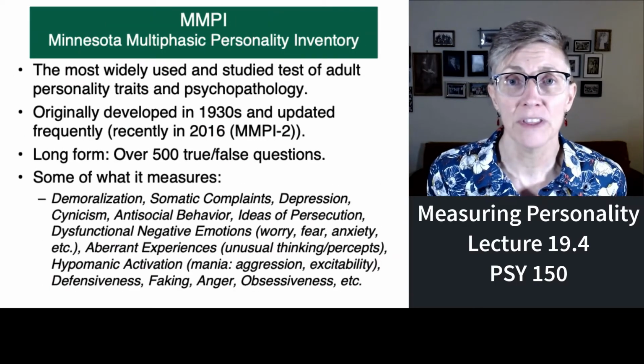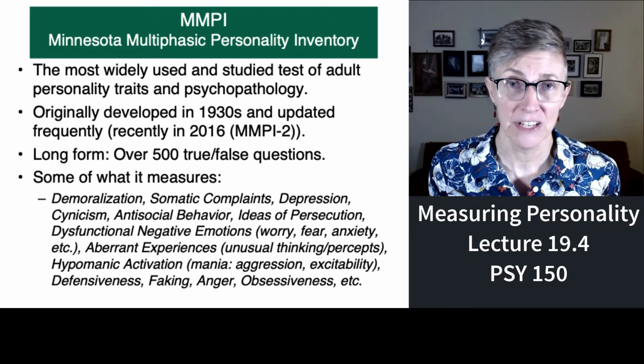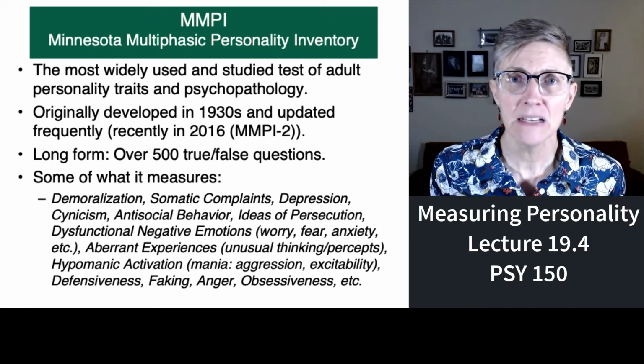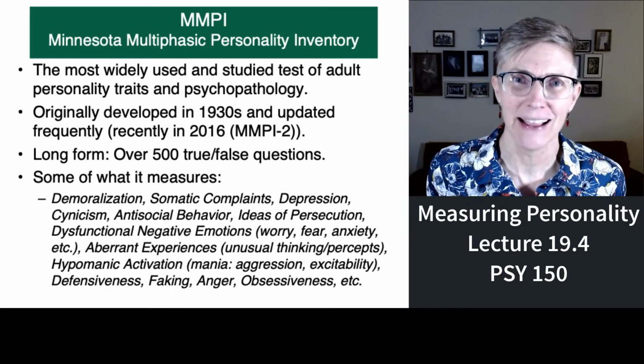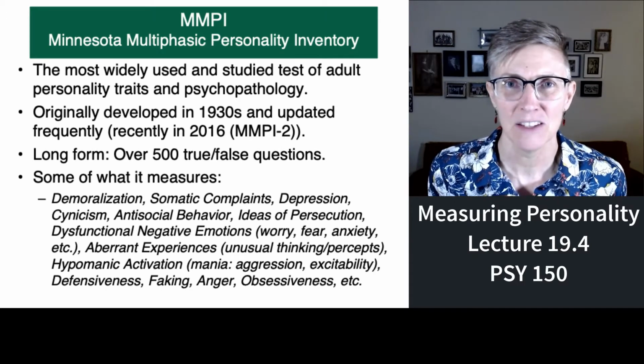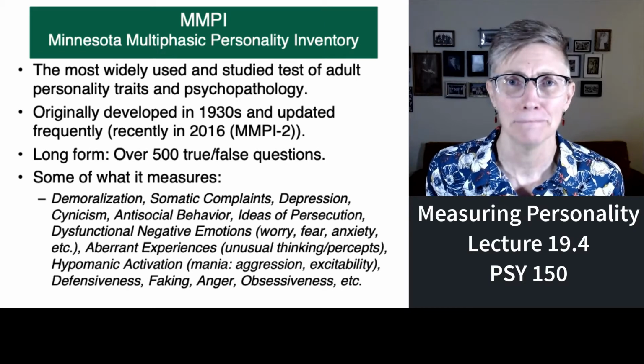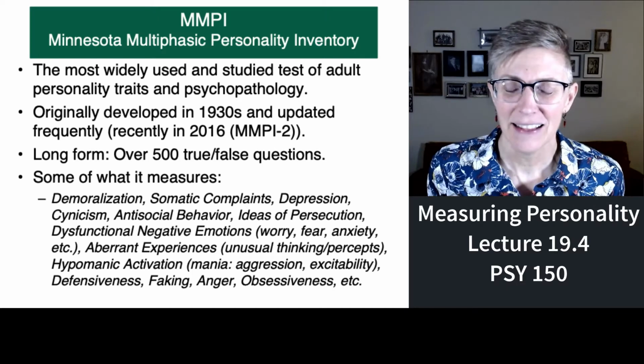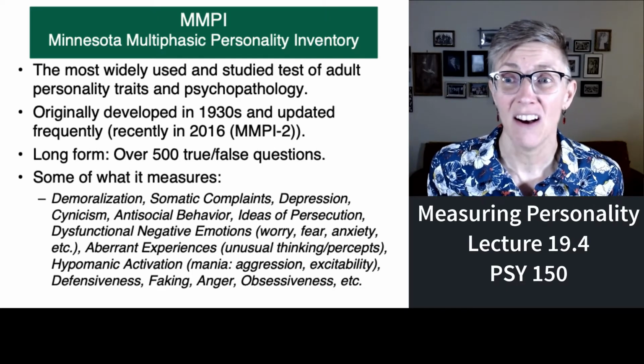And let's start with the most popular personality inventory. This is the MMPI, the Minnesota Multiphasic Personality Inventory. Guess where the MMPI was developed? University of Minnesota. That's right. This is used a lot.